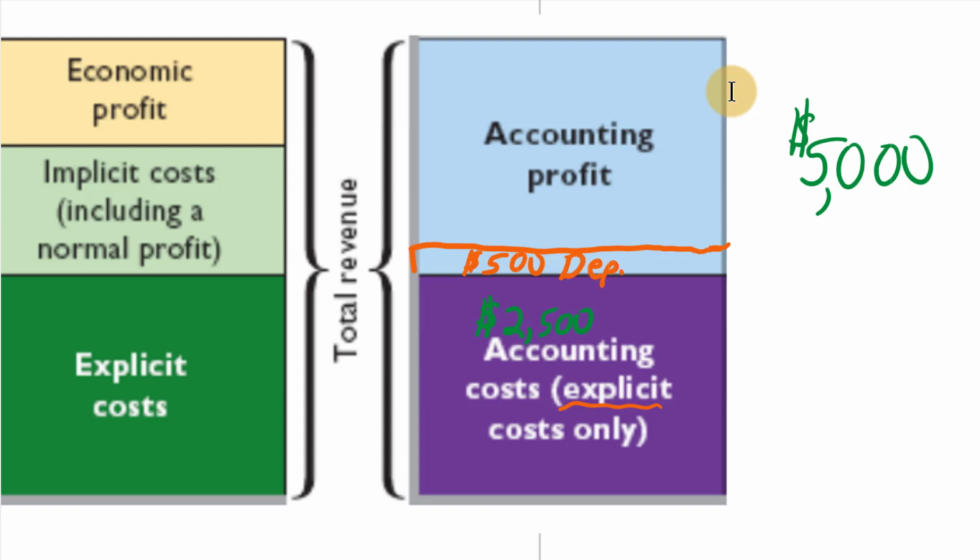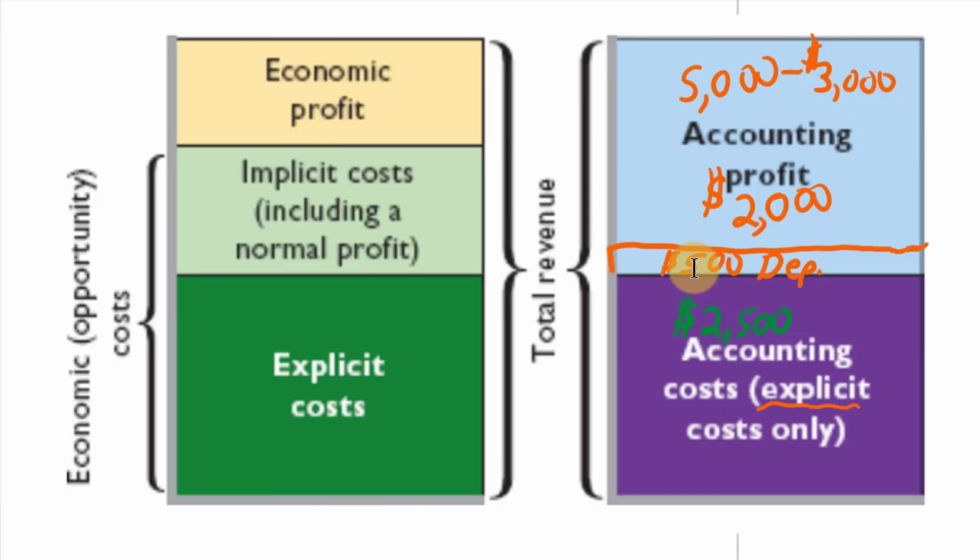So the accountant says your profit is the total $5,000 in revenue minus your explicit costs minus a little bit for depreciation, and your accounting profit then is going to be $5,000 minus $3,000. Right? $3,000 is your explicit costs plus that depreciation. So $2,000 in accounting profit here.